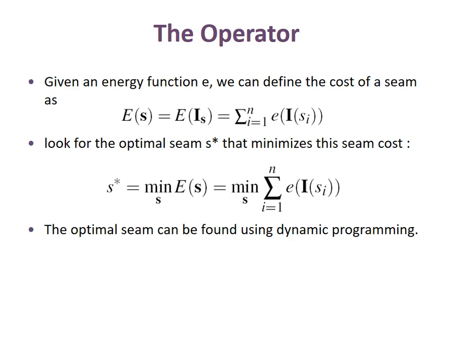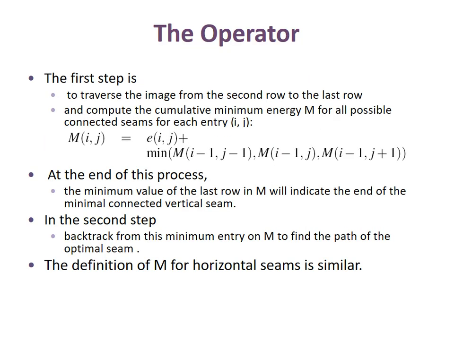By these rules you can enumerate all seams within this image, but the number of seams will be so large. So next I will introduce another technique, dynamic programming. The first step is to traverse the image from the second row to the last row, and calculate the cumulative minimal energies.